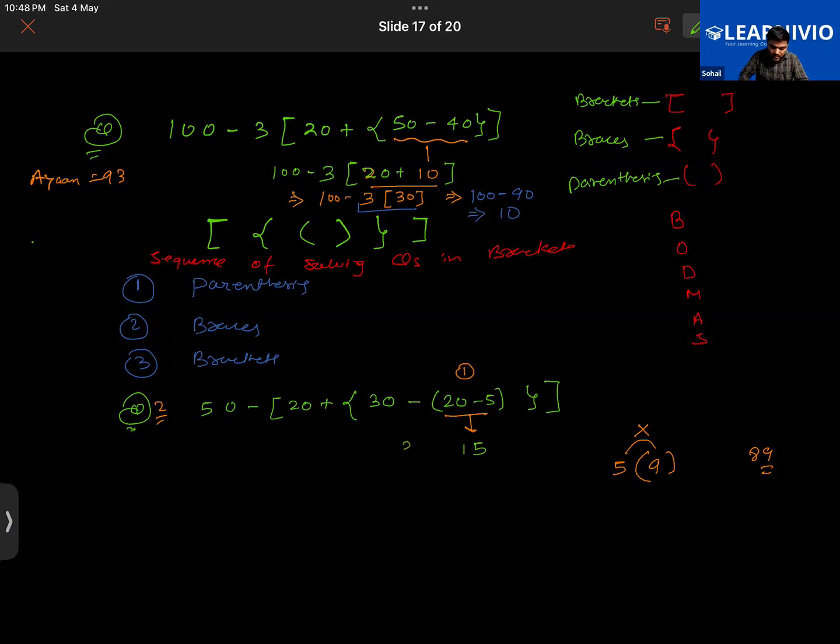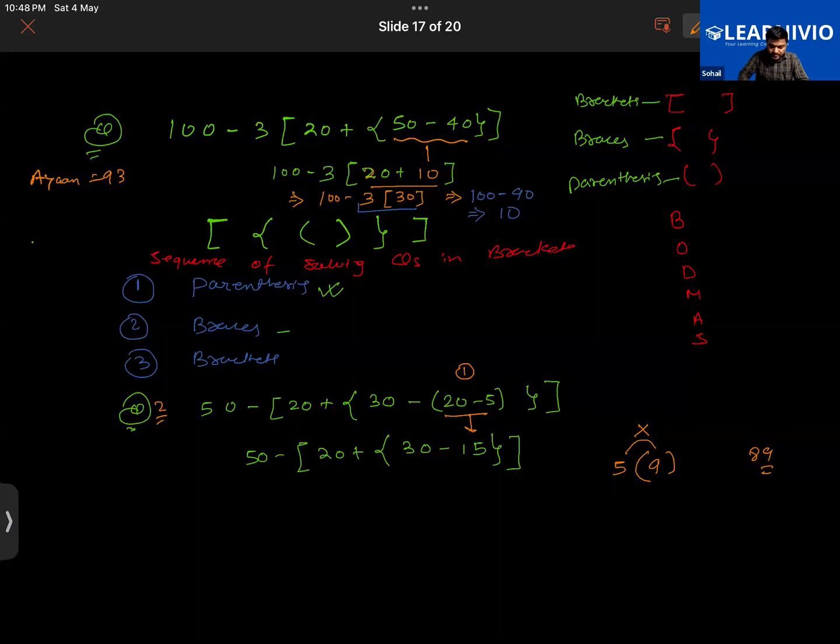Okay, now you are left with this bracket. Now parenthesis is done. Now look out for the braces. Inside the braces here, you have subtraction.